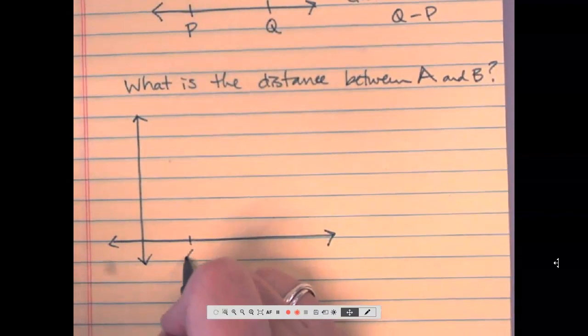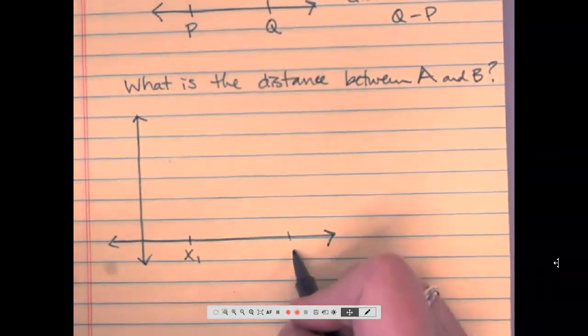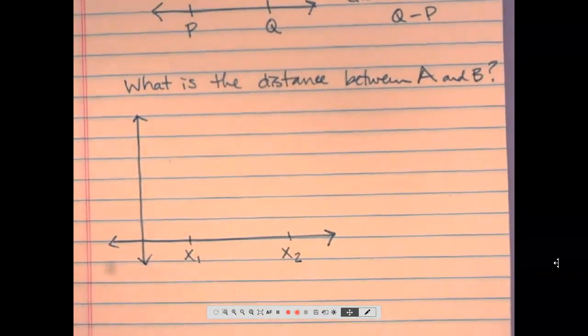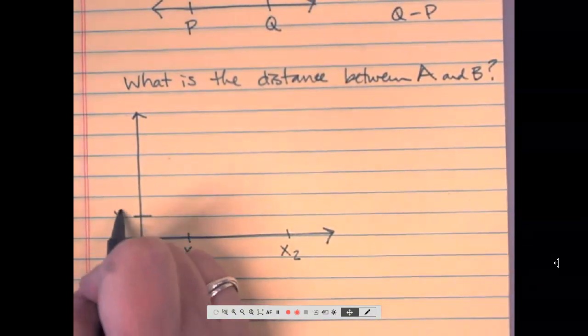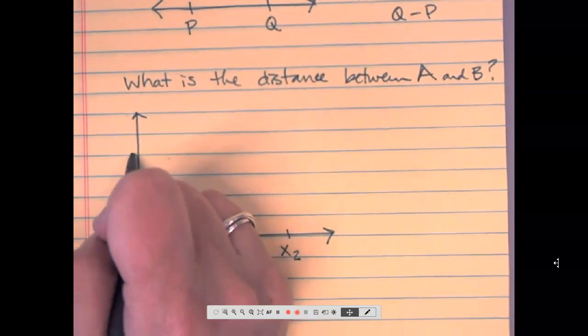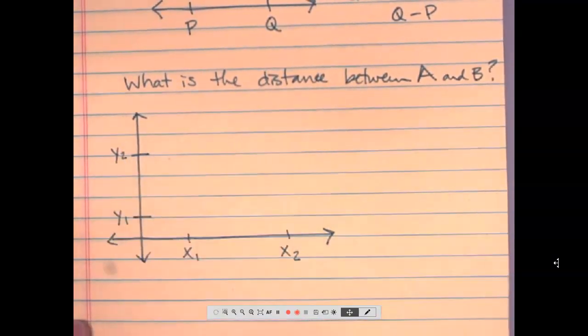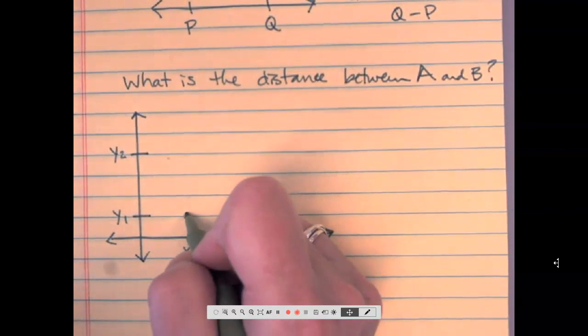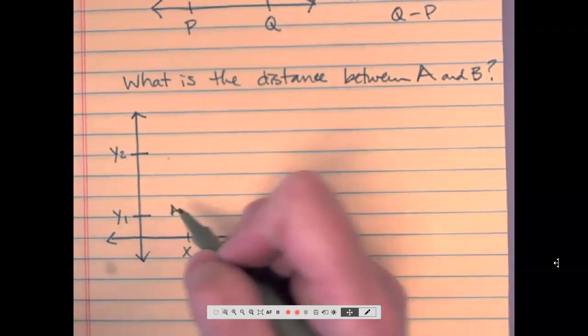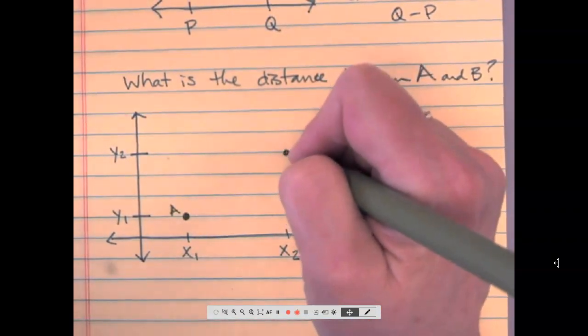I have some generic value x1, another generic value x2, some generic y coordinate there, another generic y coordinate there. And where those two come together will give me the location of A and B.